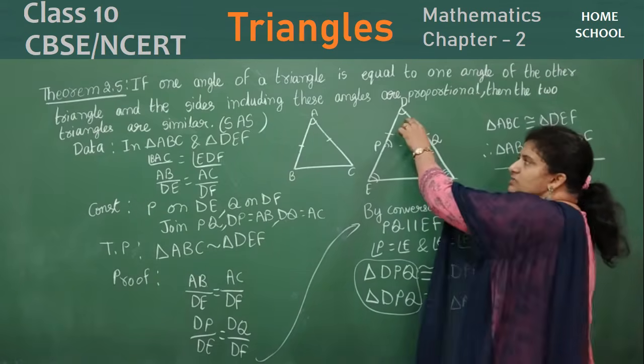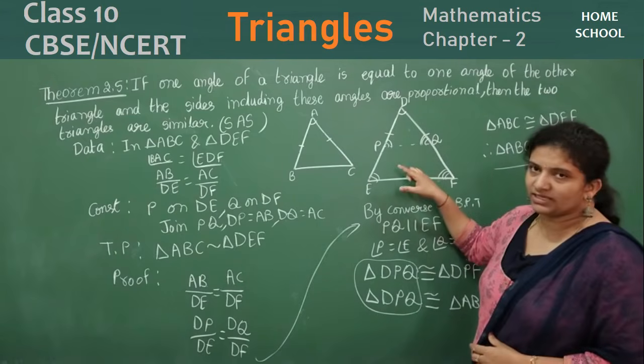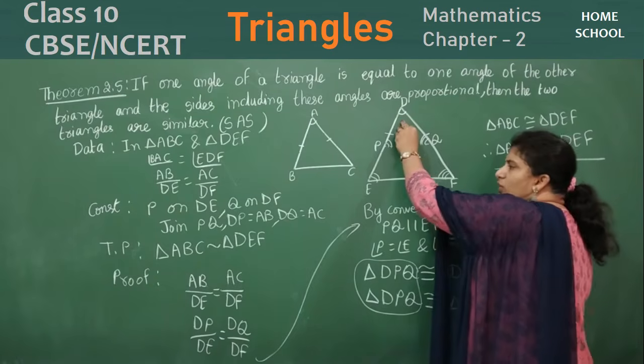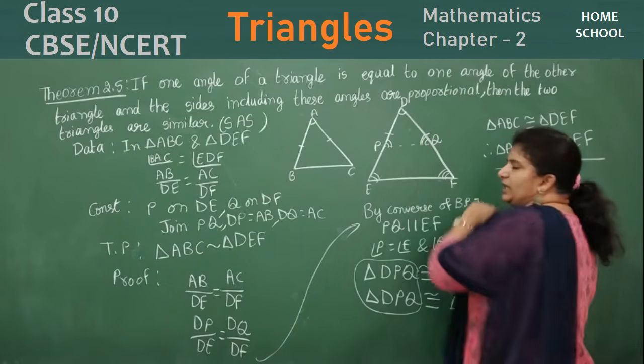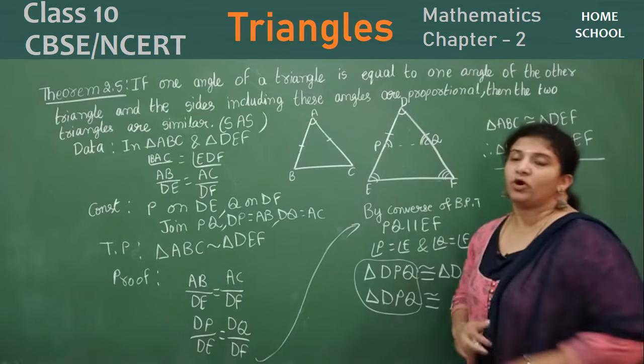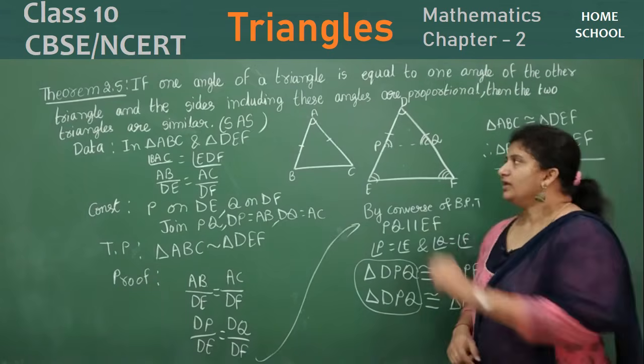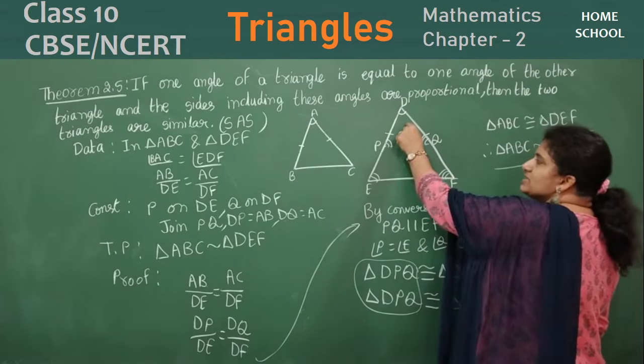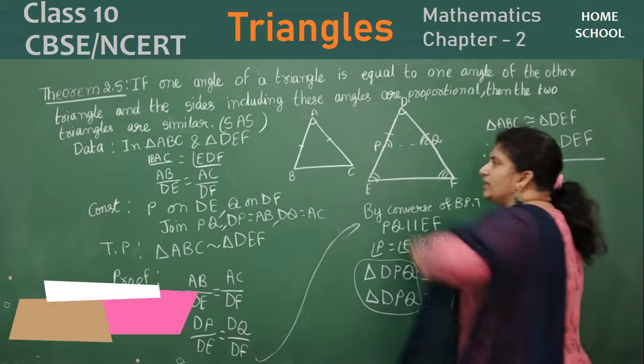Here you can see two triangles, no? Like that only you need to compare. This triangle DPQ is congruent to triangle DEF, where all the corresponding angles are equal. Then this triangle is congruent to this triangle. Therefore, I can say this triangle is also congruent to this.